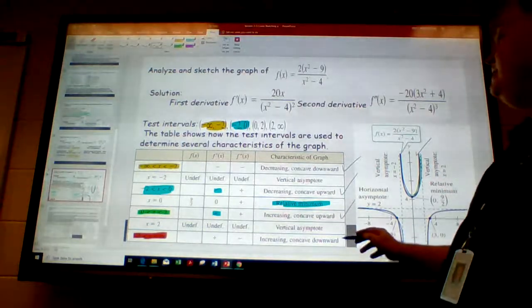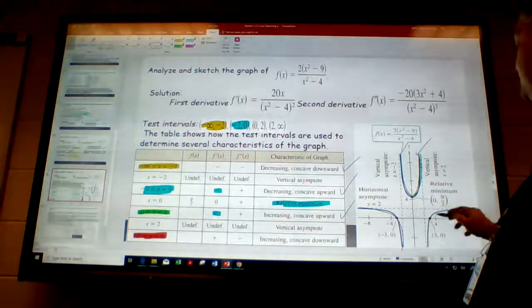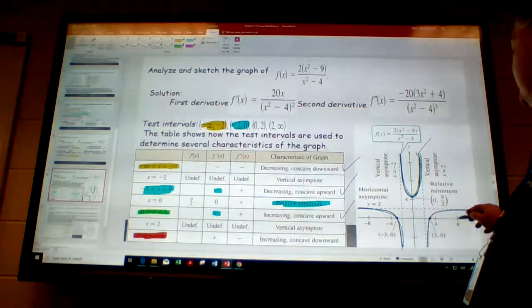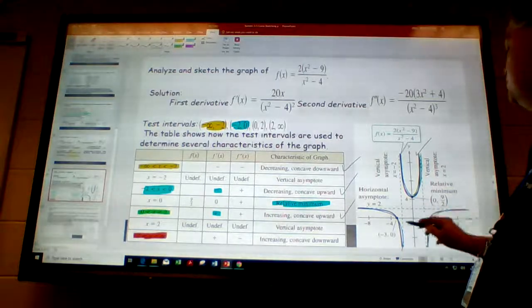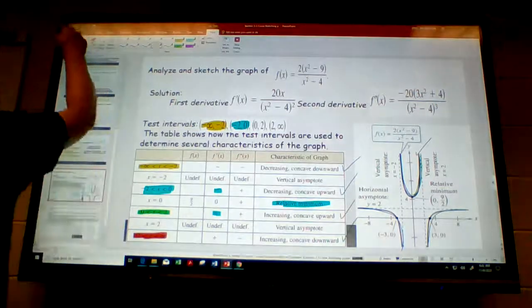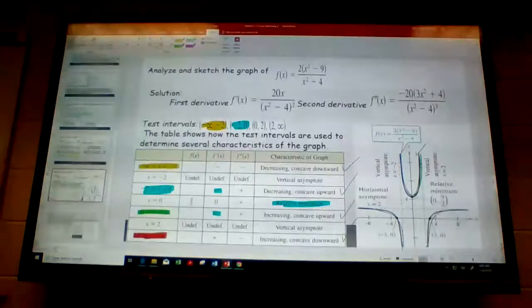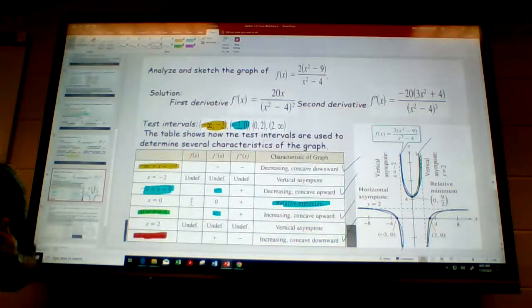And then finally, from 2 to infinity, it's increasing, which you see here, and it is concave downward. So that is true. So check. All right.